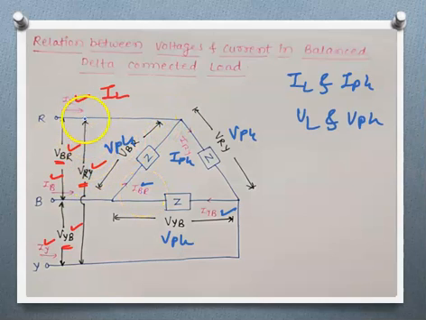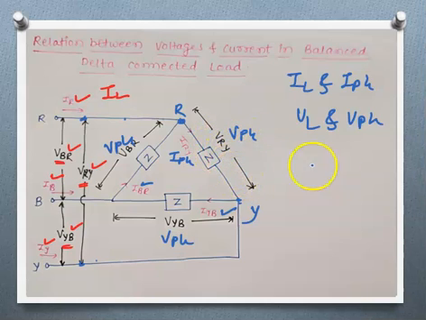Here VRY is the potential difference between the R line and the Y line. This R point is here, also here, and this is also the R point. This Y point is from here to here, this is RY. So the potential difference between these two lines, VRY, is the line voltage, and also the potential between the R and Y points, VRY, is the phase voltage.